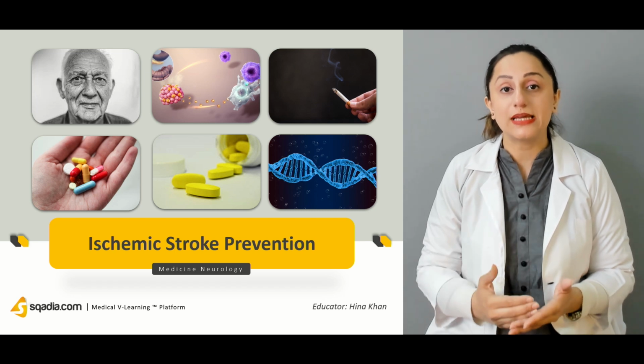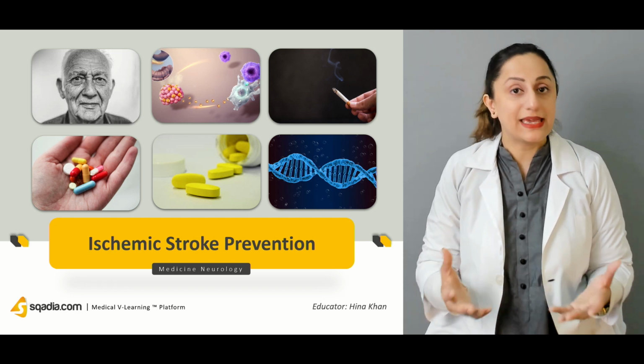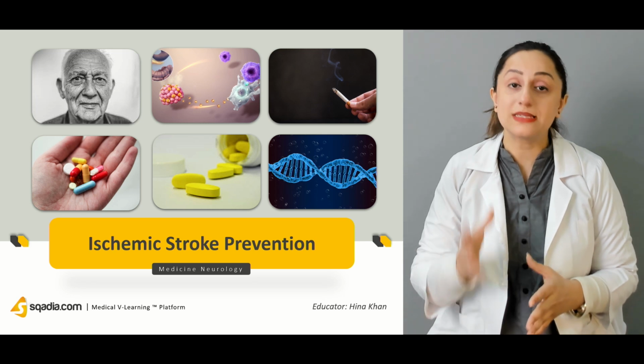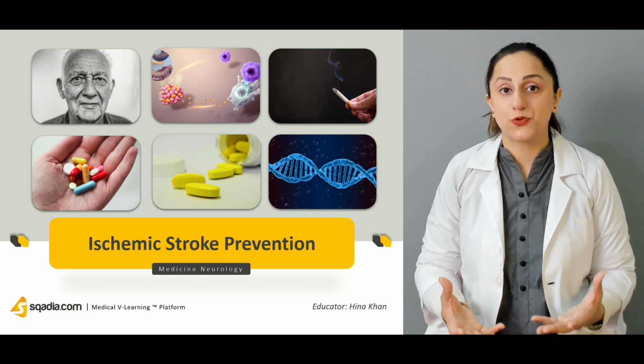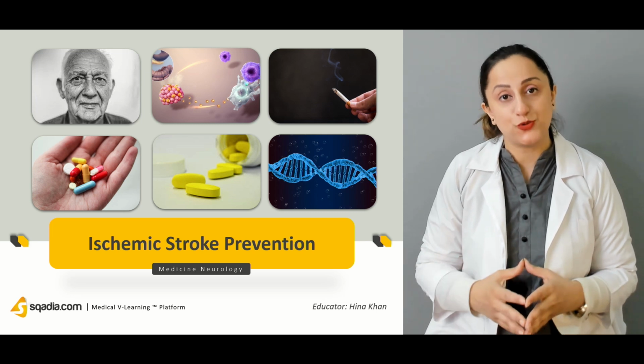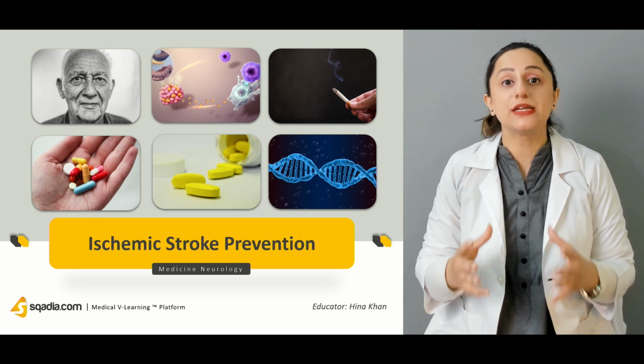We have to slot this patient in as a case of primary prevention because the patient is at a higher risk of getting an episode of ischemic stroke in the near future. So we have to cater for that.